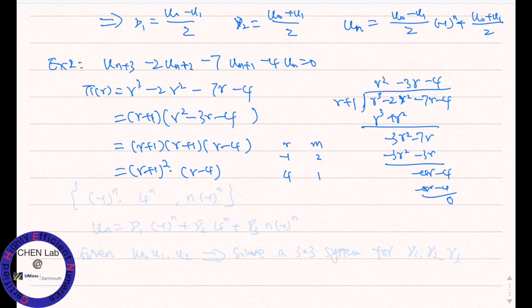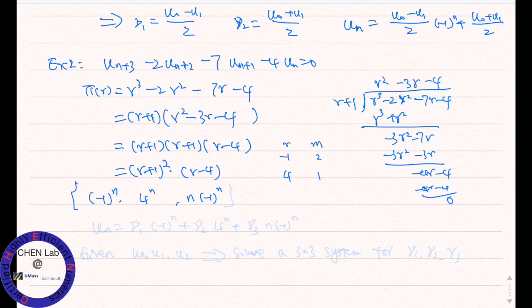The number of distinct roots is 2. And what we had above is simply that we can use negative 1 to the n and then 4 to the n. But because negative 1 has multiplicity 2, you need to consider n times negative 1 to the n as well.